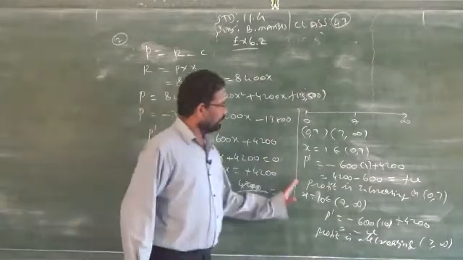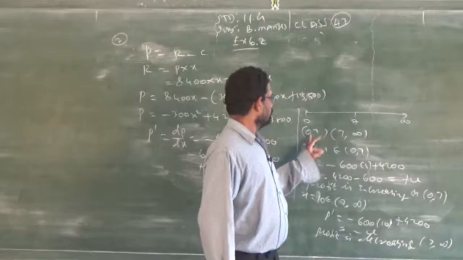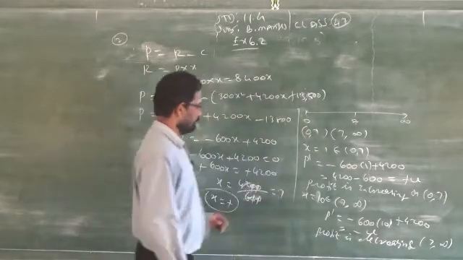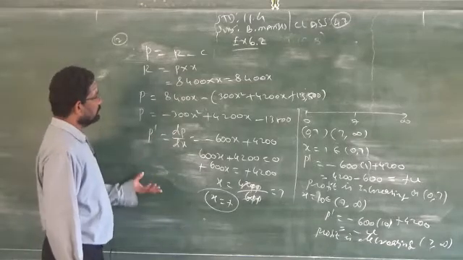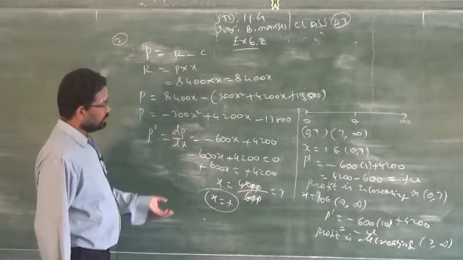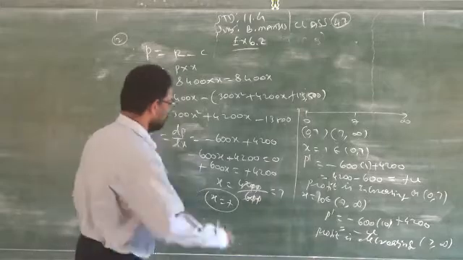Therefore, profit is always increasing from 0 to 7, not from 7 to infinity. So that's all. This is the process. It will be very easy to simplify. Please remember the rules alone.